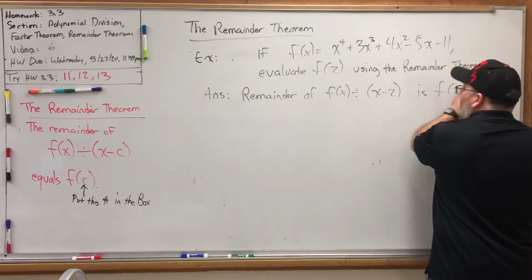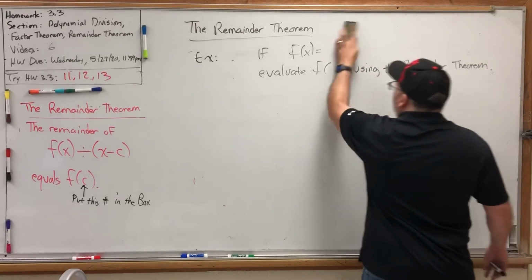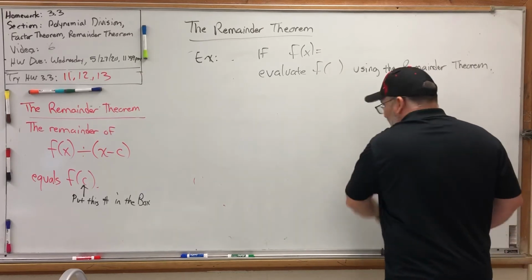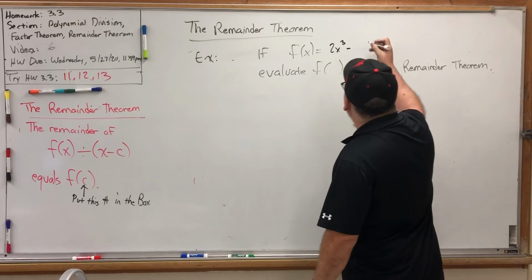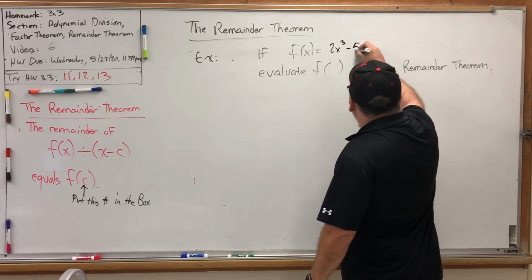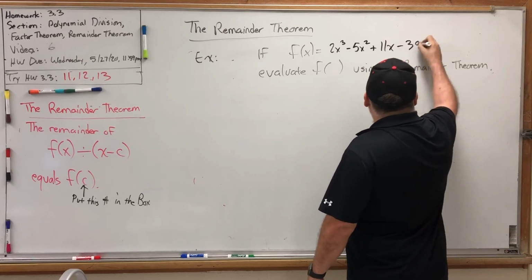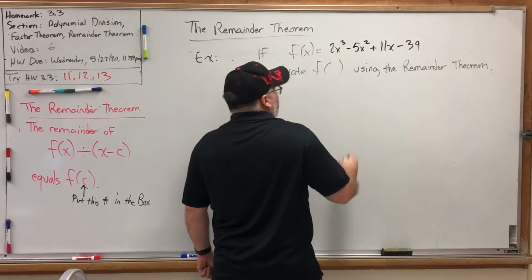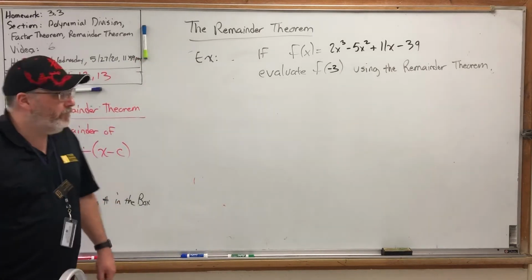So let's change the function. Let's make it a third degree polynomial: 2x to the third power minus 5x to the second plus 11x minus 39. And let's say we're going to evaluate f of -3 using the remainder theorem.